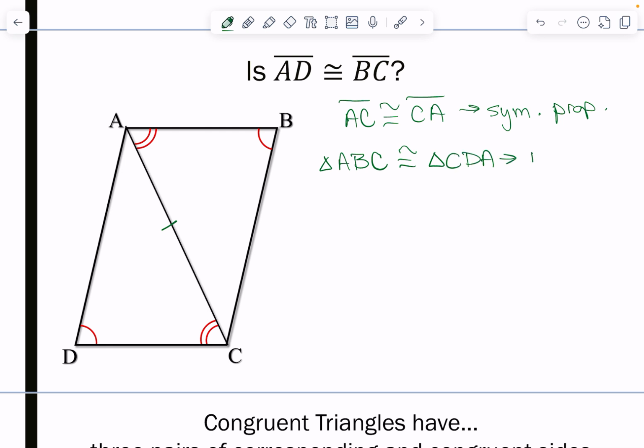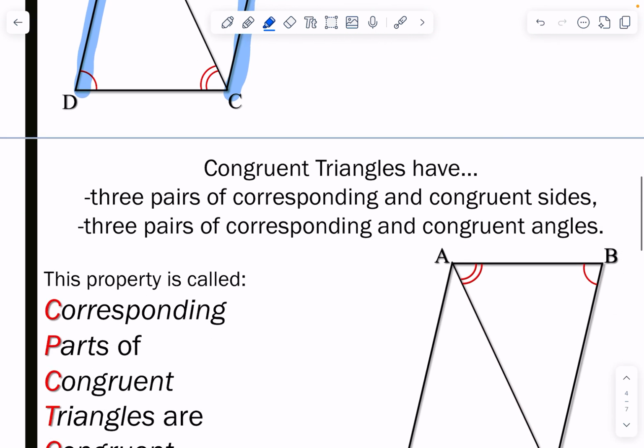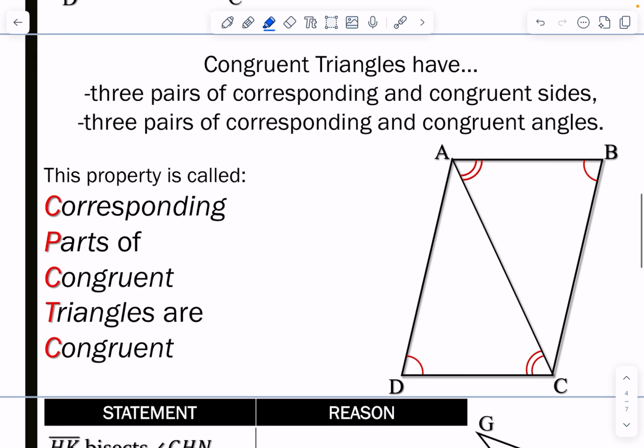And we know that because of angle-angle side relationship. So it stands to figure that AD and BC would be congruent, but we don't know that for sure yet until we think about what we're learning today.